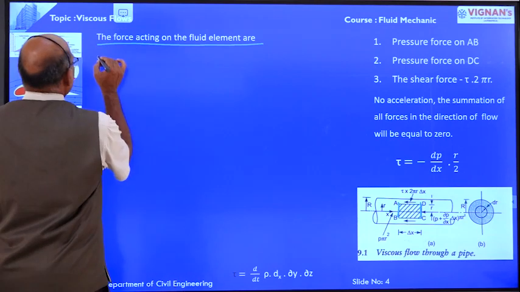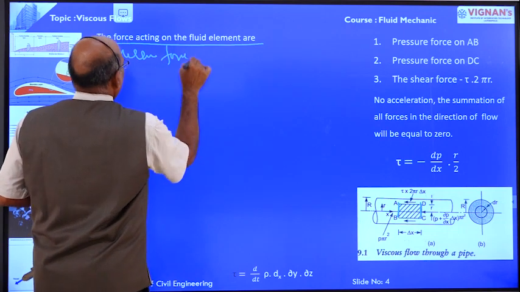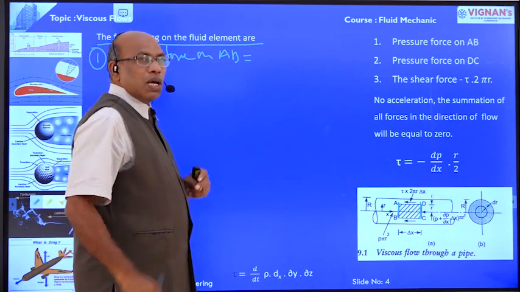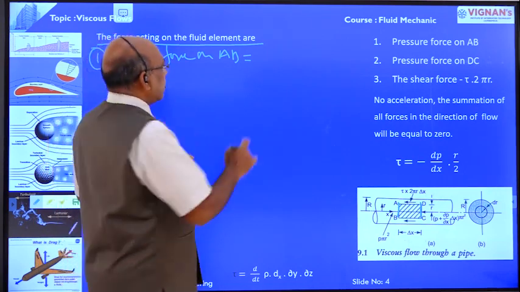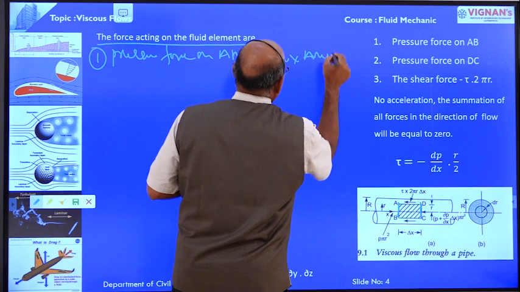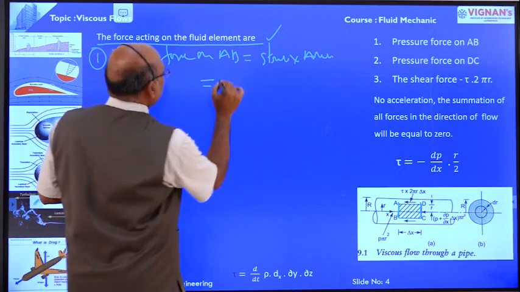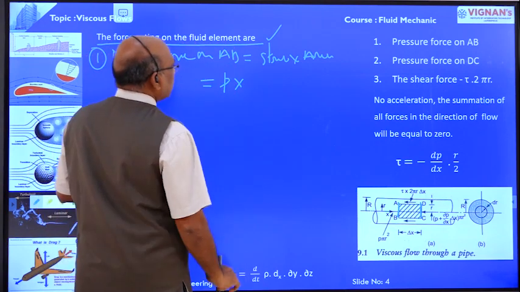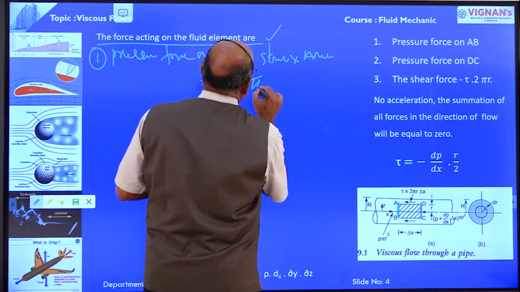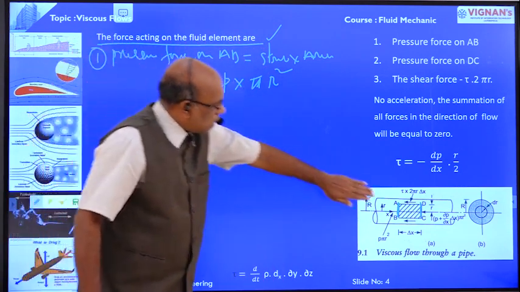First, the pressure force on AB is equal to stress into area, that is, the intensity of pressure over the face AB, small p, into the area. The area is circular, pi r square. This is the pressure force on the face AB.